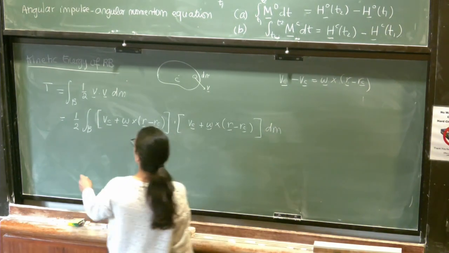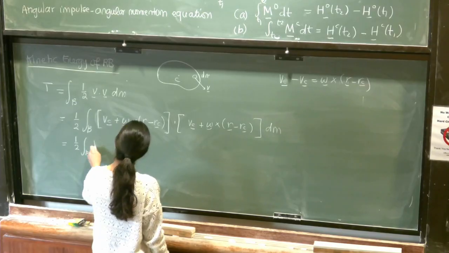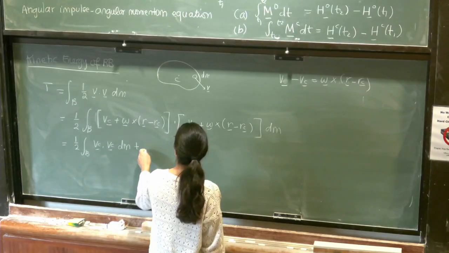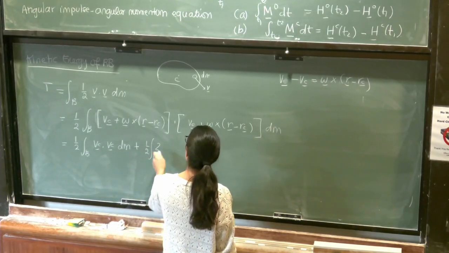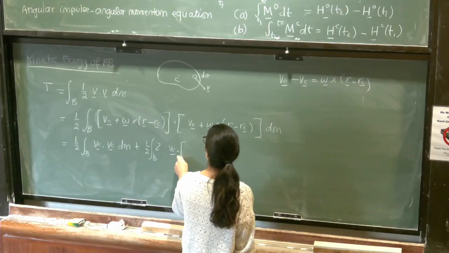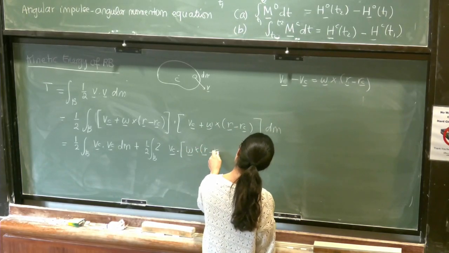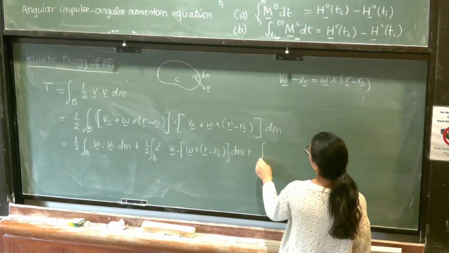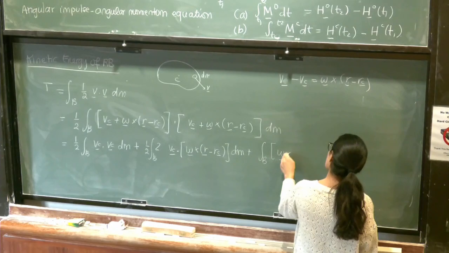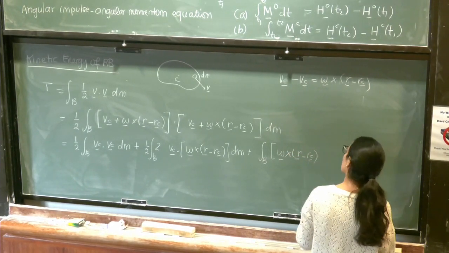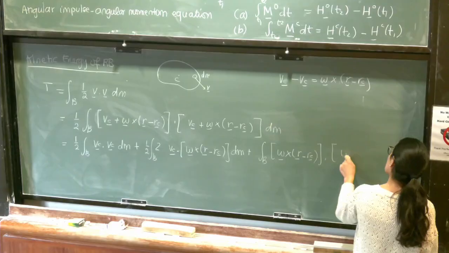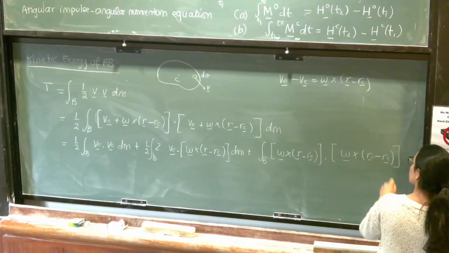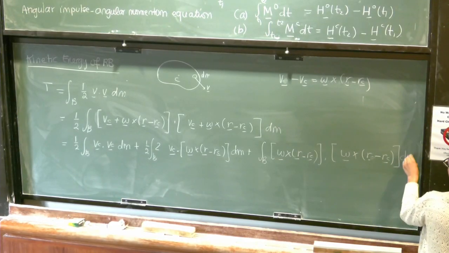So I'll get half the integral over the body of Vc dot Vc dm, plus half times 2 will cancel out, the integral over the body of Vc dot omega cross (R minus Rc) dm, plus the integral over the body of omega cross (R minus Rc) dot omega cross (R minus Rc) dm.